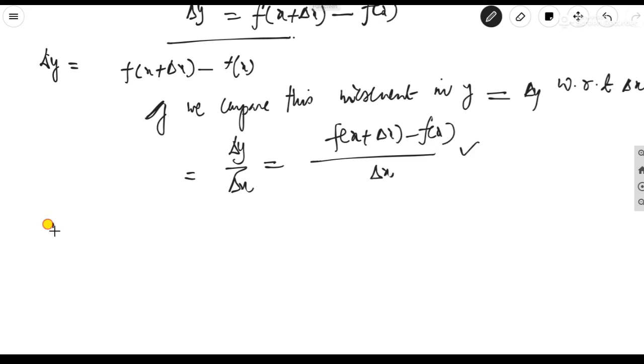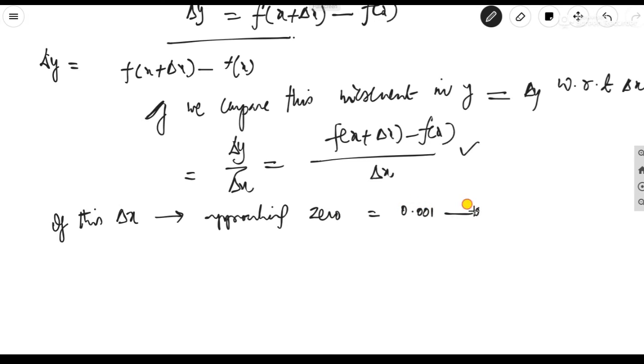Now if this delta x is approaching smaller values, approaching 0, if you assume, like from 0.01, next 0.0001, next 0.00005, like that. When the value of delta x is decreasing, what happens?